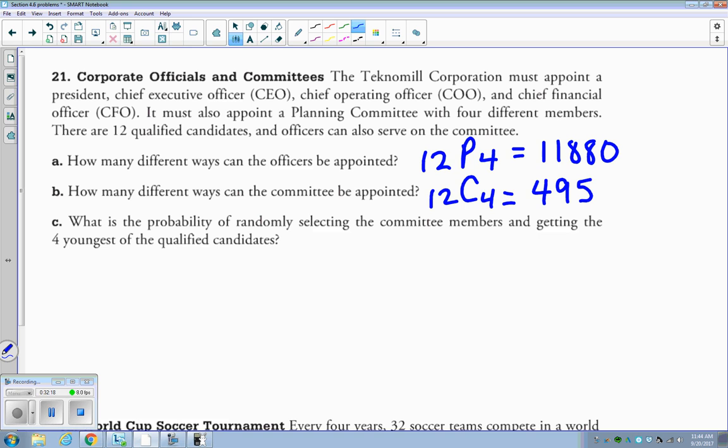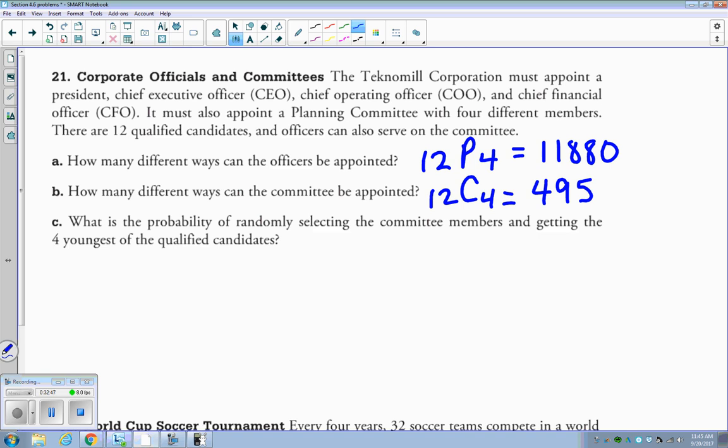Okay, excellent. Then C says, what is the probability of randomly selecting the committee members and getting the 4 youngest of the qualified candidates? 1 out of 495. Because I could choose the first youngest, the second youngest, the third youngest, the fourth youngest in that order.